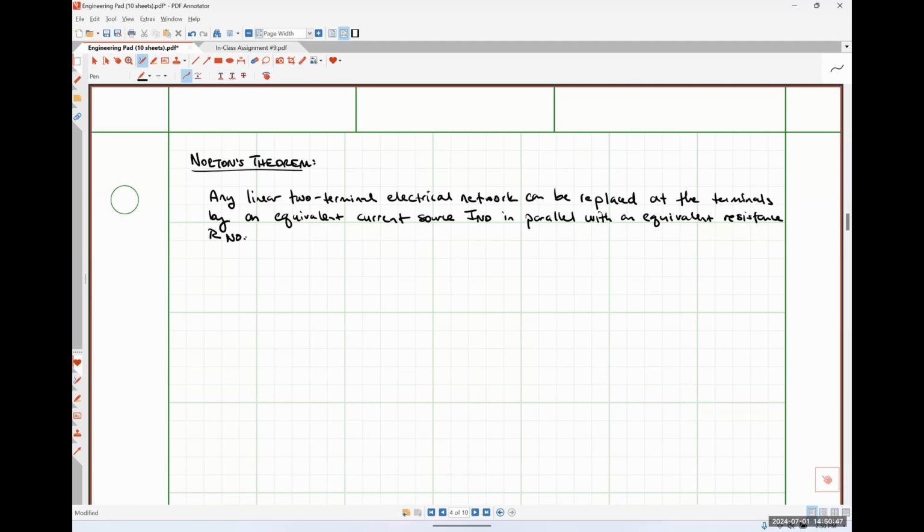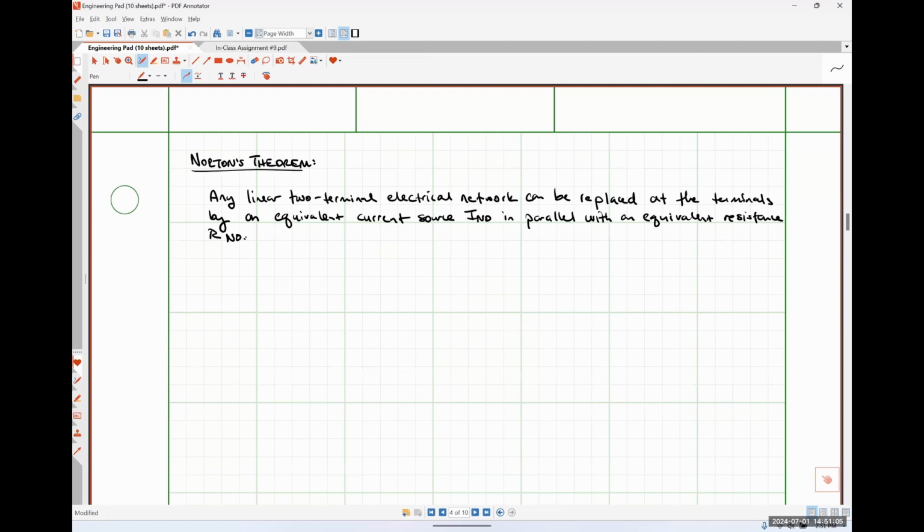Okay. So Thevenin's theorem effectively tells us that we can replace a linear two-terminal network with a practical voltage source. Norton's theorem tells us we can replace that same two-terminal electrical network with a practical current source.